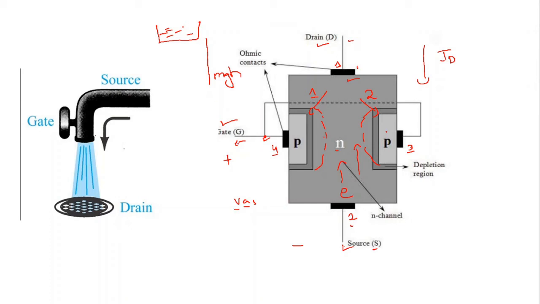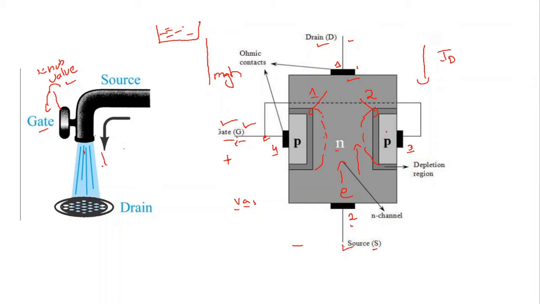The other thing is that the knob or the valve can be made equivalent to the gate terminal. We can control the flow of water from this knob or valve. Similarly, we can control the flow of current or the flow of electrons from this gate. So this knob or valve is analogical to the gate terminal.